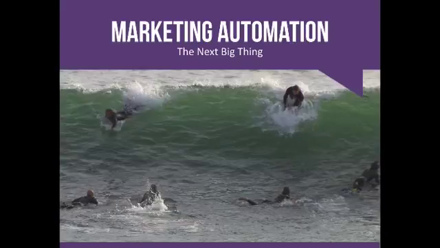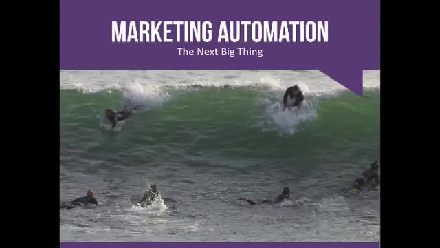But now the really big thing, and I think which is fulfilling the promise of all of those things that came before it, is this idea of marketing automation. So what is marketing automation? Well, the way that I would define it is that it is a combination of software and tactics that basically allow companies to buy and sell like Amazon.